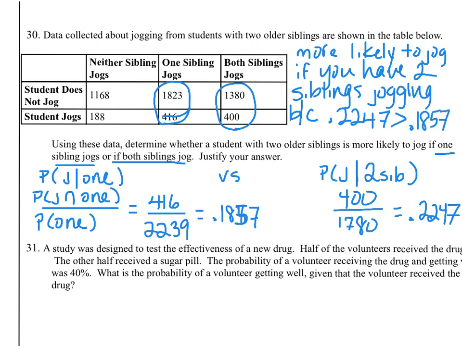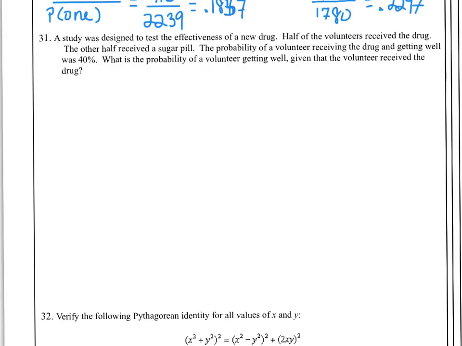Okay, so in other words, the probability here is larger than the probability here.